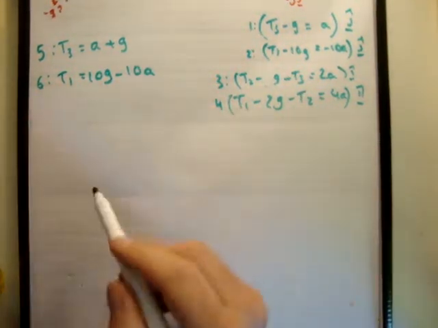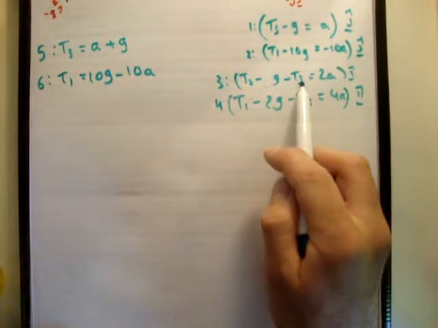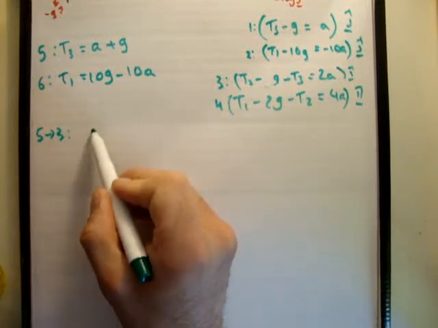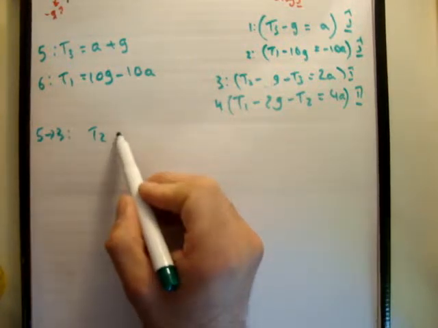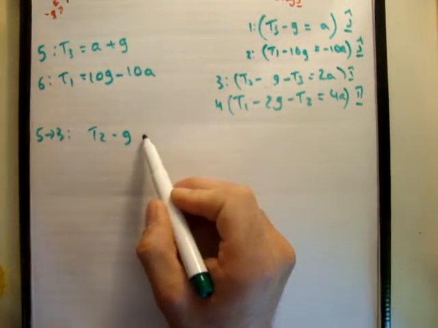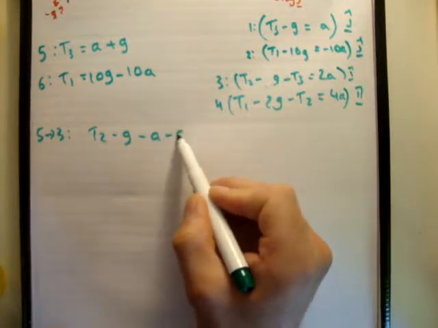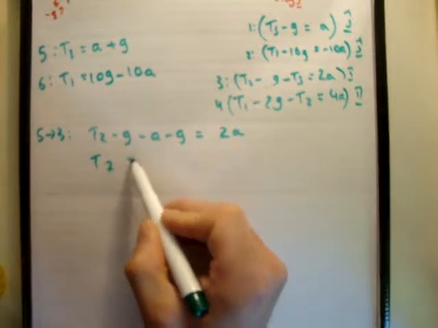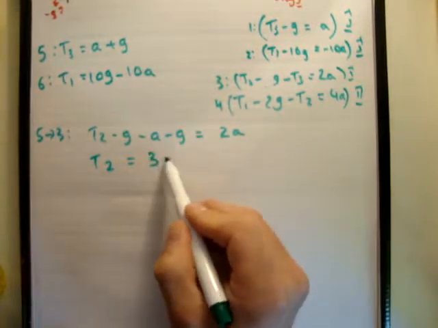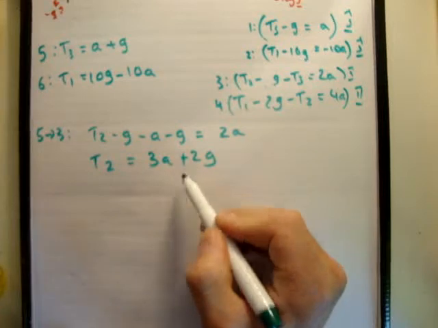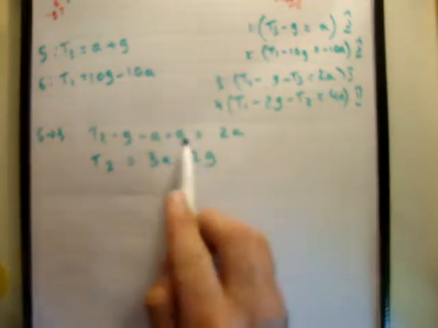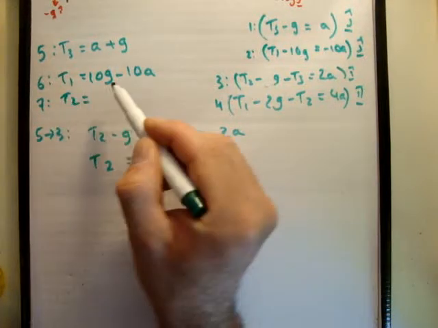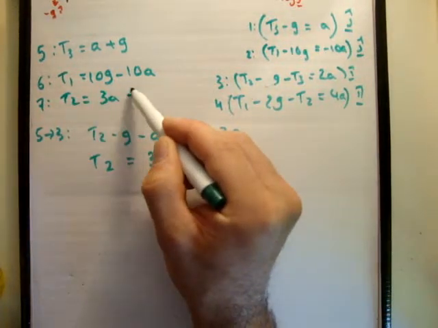Now we have T2 in terms of T3. So if I put equation 5 into equation 3, we're going to get T2 minus G minus A minus G is equal to 2A. Therefore T2 is equal to 3A plus 2G. So we're going to get equation 7: T2 is equal to 3A plus 2G.